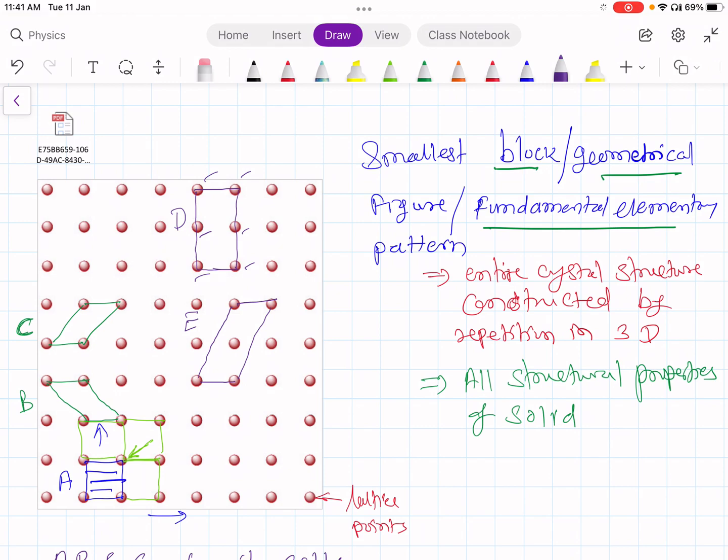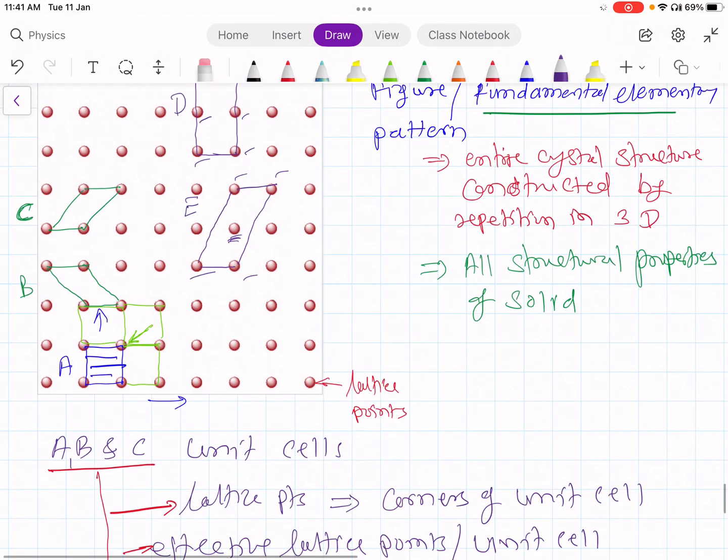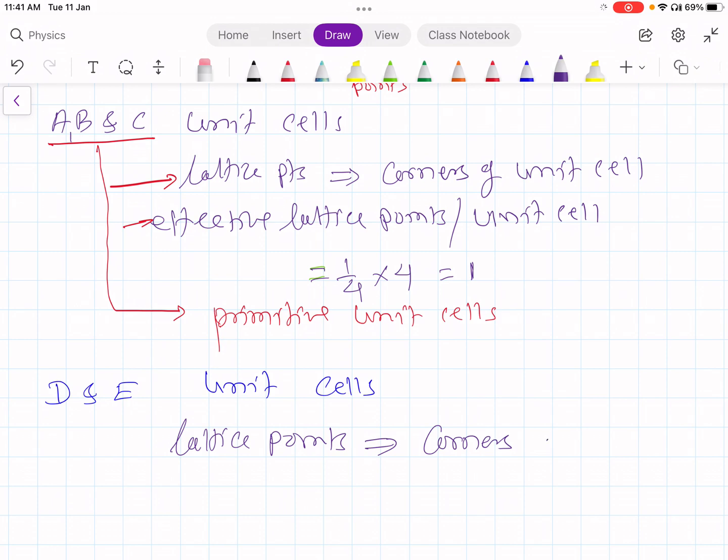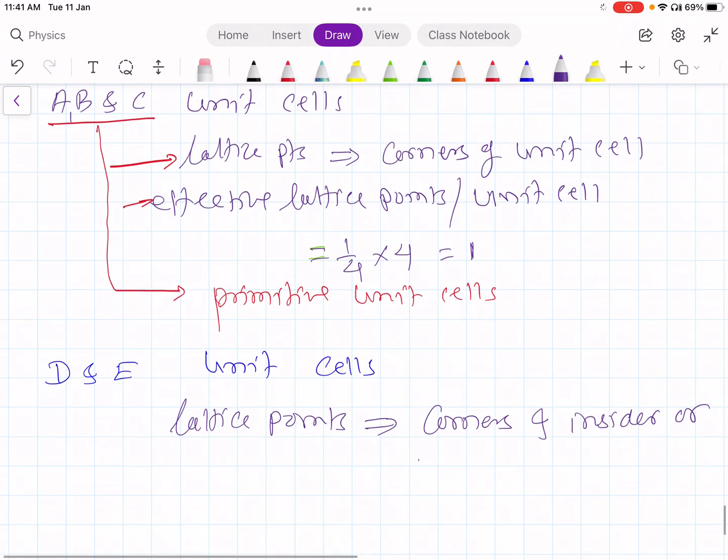Similarly, if you see E, lattice points are located at the corners as well as inside the unit cell. So in the case of D and E, lattice points are at the corners and inside or on the edges.